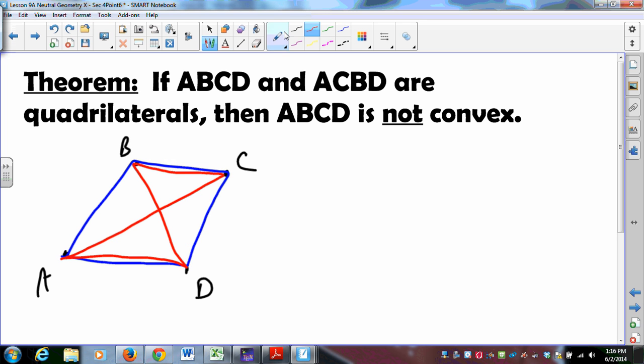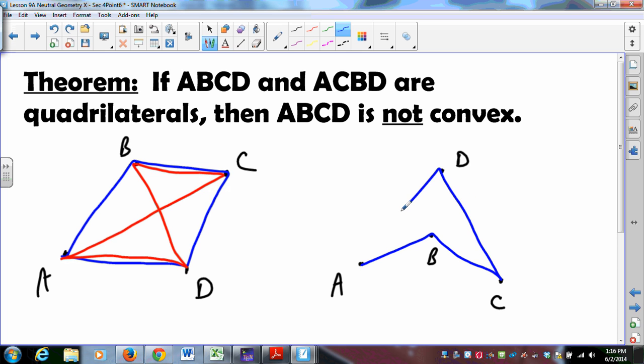That's not a quadrilateral. ABCD is convex, but if I play the game just a bit differently, ABCD and ACBD, those are both quadrilaterals. And since those are both quadrilaterals, then ABCD is not convex. In fact, neither is ACBD. That's just obvious. Okay, so far so good.